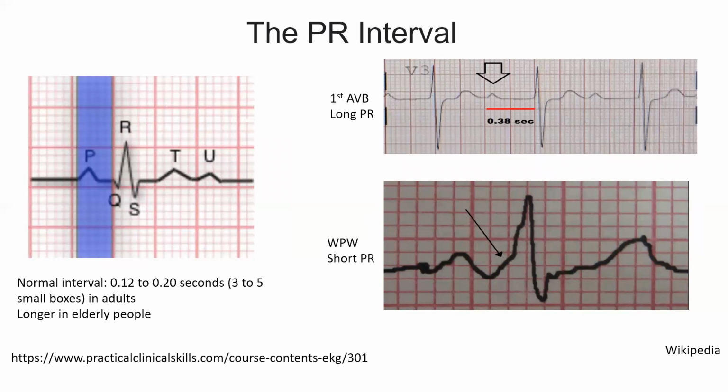If it's longer, we may consider AV block, especially first-degree AV block. If it's shorter, we may think about SVT, specifically WPW syndrome, which classically has a short PR. So that's for the PR evaluation.